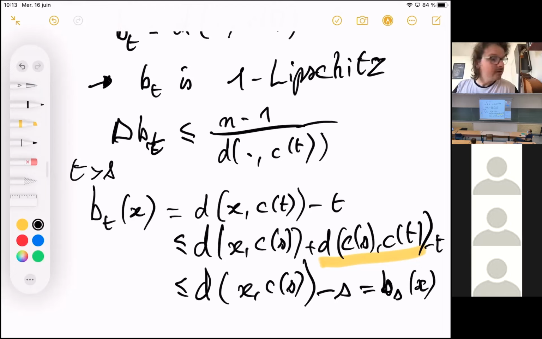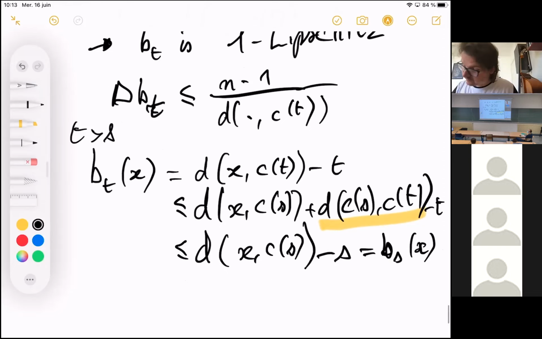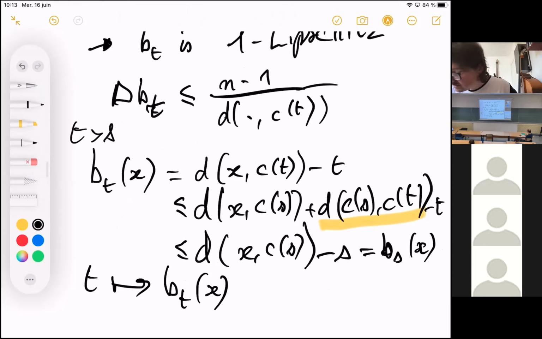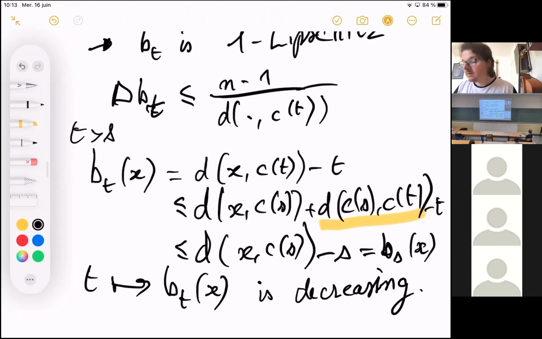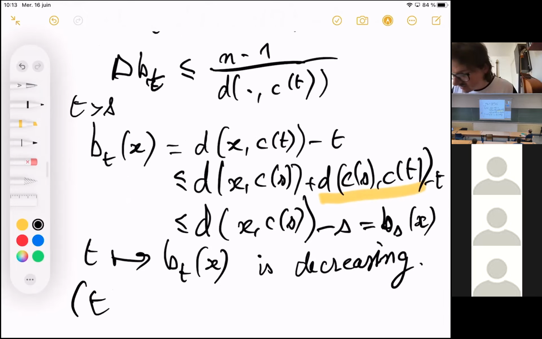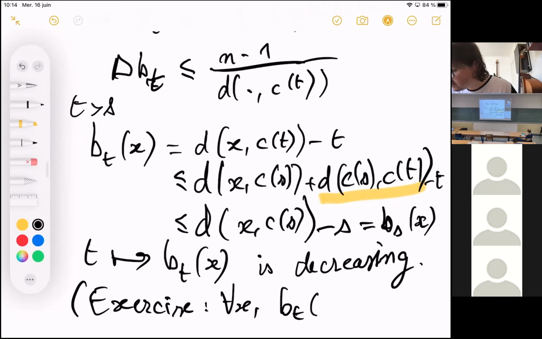Okay. So it tells us that t maps to B_t of x, for every x, is non-increasing. Moreover, it's easy to see, maybe as an exercise, that for every x, B_t of x is bounded below.